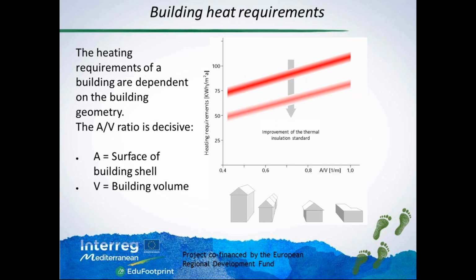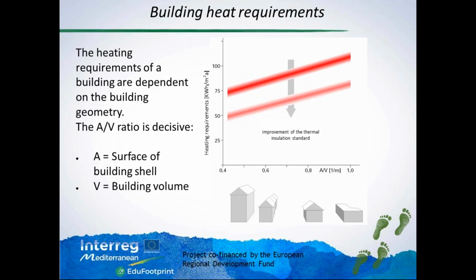To evaluate the energy performance and the energy aspects of a building, we have to know that this A to V ratio, the so-called form factor, has an impact on the capacity of the building to have big or small thermal losses.